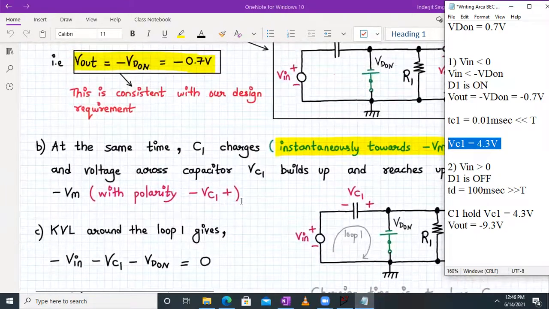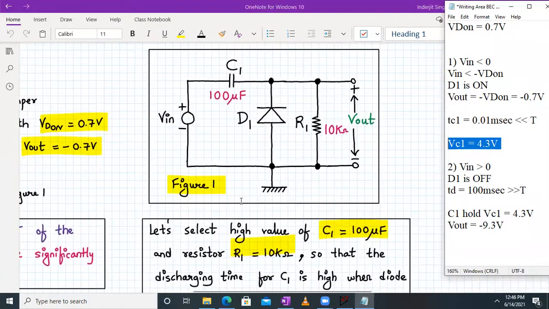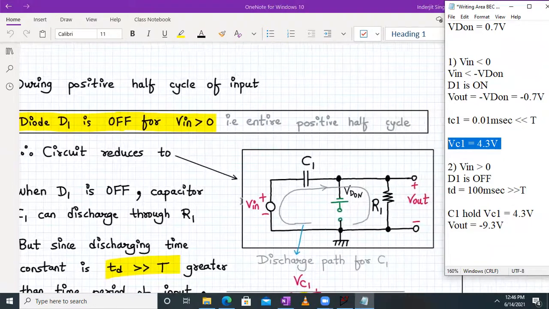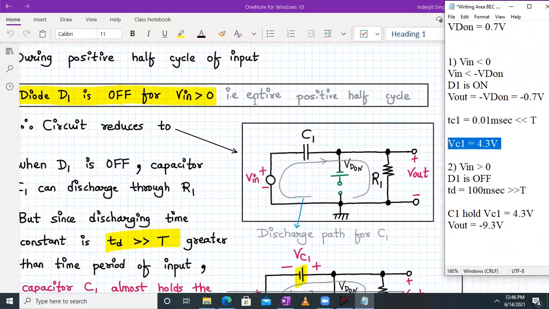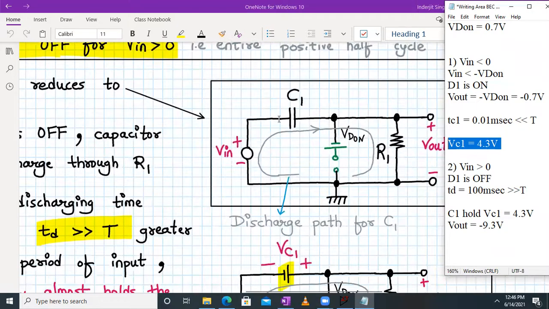Now we have already seen that in the positive half cycle, the diode will be off for the entire duration, since the diode is off when Vin is greater than 0. So your circuit will reduce to this. We have an open circuit over here, but still we have a closed path.